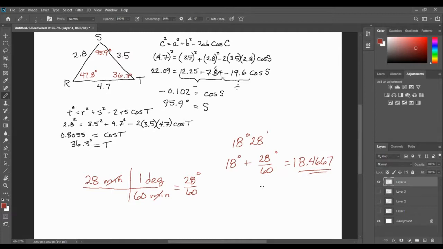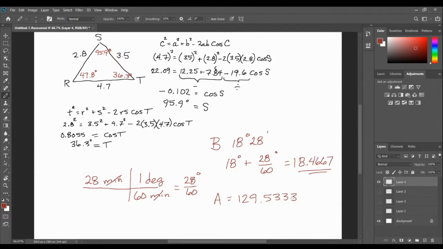And say when I'm done with that, I end up with an angle that's, let me quick get this, 129.5333. So we'll call this angle B, and I end up with an angle A that is 129.5333.